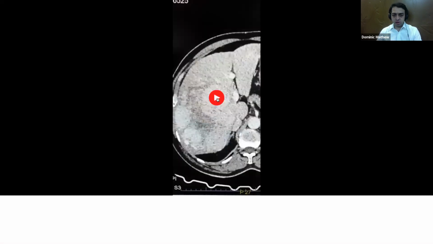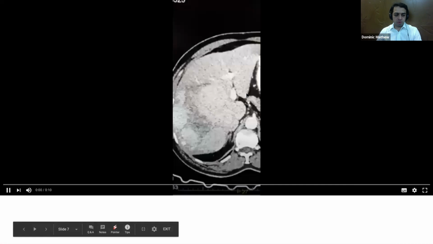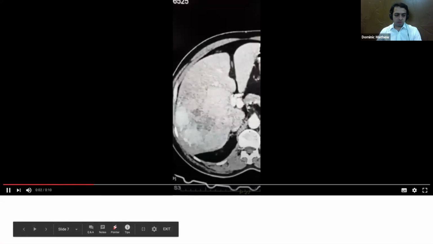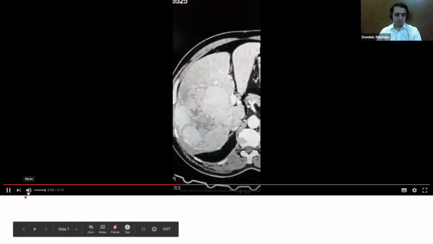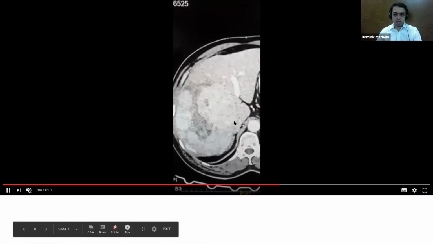This is just a recording of the portal phase. You can see the large lesion very close to the left pedicle as well.